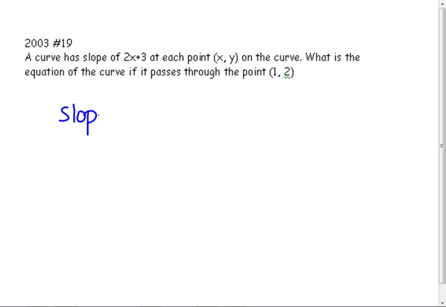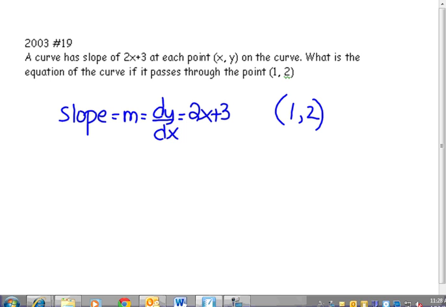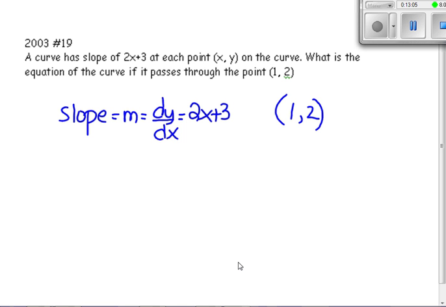Slope equals what? m equals dy/dx equals 2x plus 3. This is not autonomous, but it's still nice because it's just x's. So you should try it, and it's going to go through the point (1, 2). Now, this is a multiple choice question. It's not terribly difficult, but if it were a free response, it'd be worth 5 points. Unfortunately, it's not that easy on the free response.